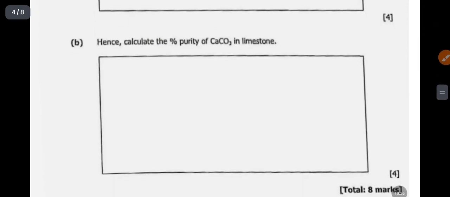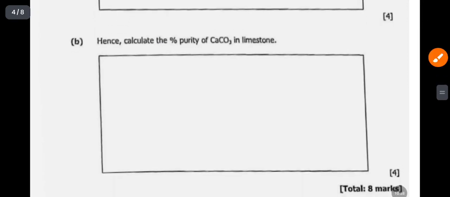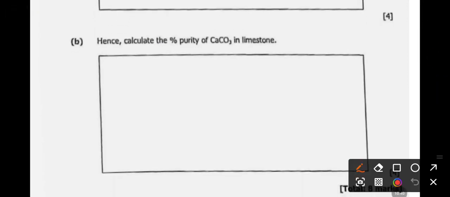Alright, question B. Hence, calculate the percentage purity of calcium carbonate in limestone.